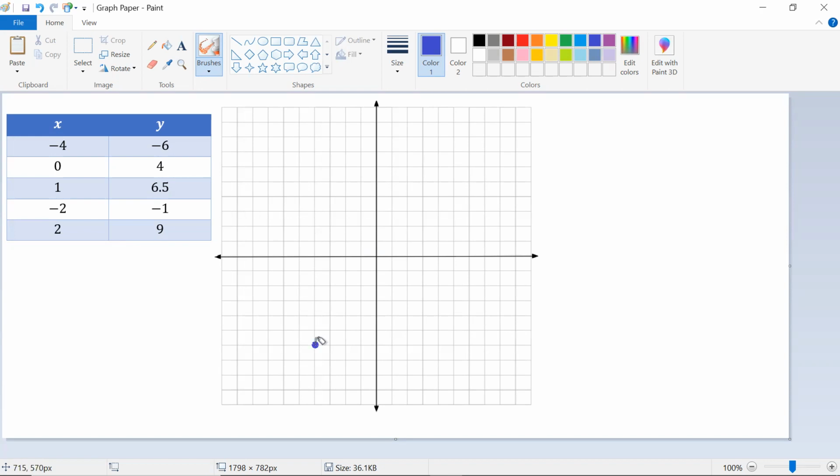I think we get this point here. 0, 4 gives you that point there. 1, 6.5 gives you a point which is about there. -2, -1. 2, 9.